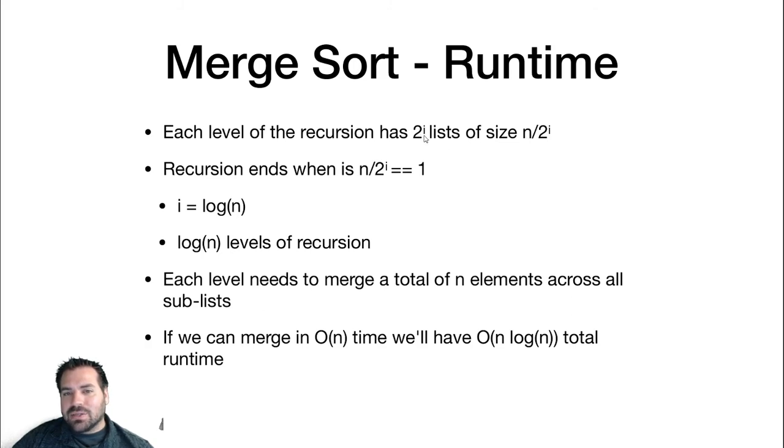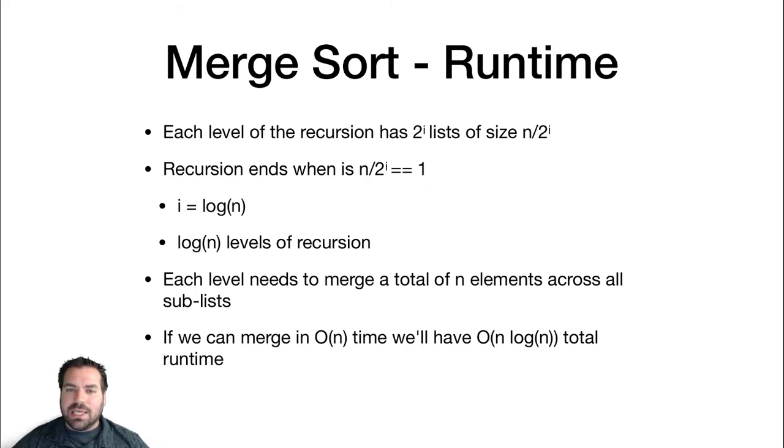Once i is 1, we go to the next level of recursion. We have 2 lists of size n over 2, then 4 lists of size n over 4, 8 lists of size n over 8, and so on and so forth. So when do we stop? When do we get to the end of the recursion? Well, that's when the size of our list is 1. So when n over 2 to the i is 1, that's when our recursion ends.